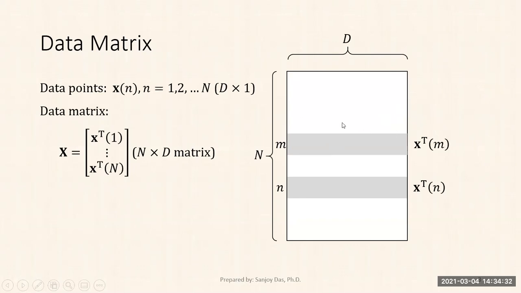Each row is a sample point x_n. The mth row, lowercase m, is x transpose m, the transposition of the point x_m, the mth point, and likewise the nth row contains the transposition of the nth sample point. So this is an n by d data matrix.